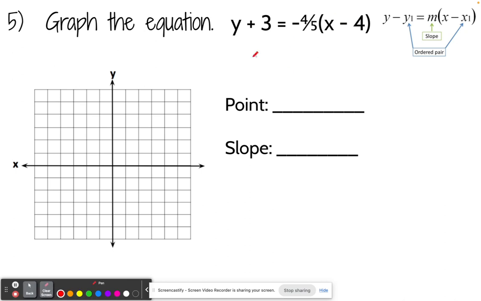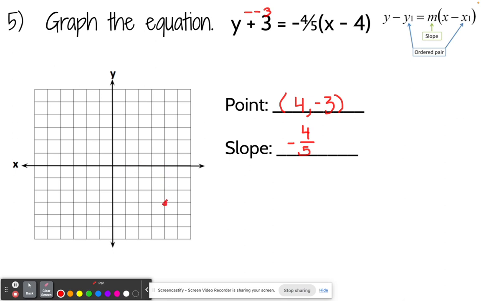Another example. I'm going to pull my point out first. X minus my x coordinate, so my x coordinate is 4. Y minus my y coordinate, so my y coordinate has to be -3, because minus a negative gives that plus. And my slope is -4/5. So the point is 4, -3.